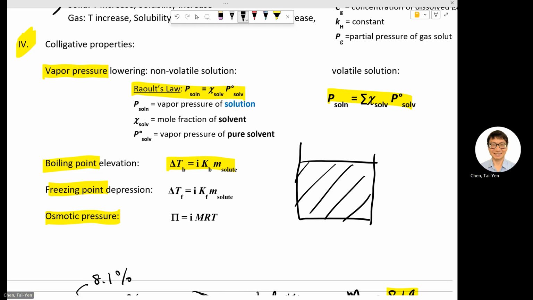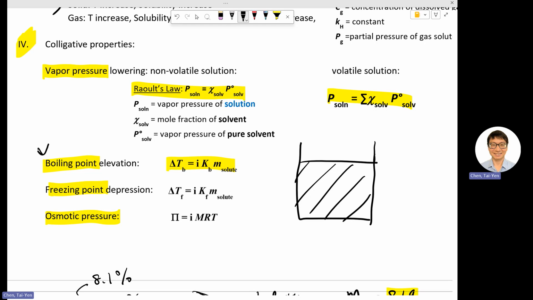Solvent, very good. It is a property of your solvent, not a property of your solute, because the vapor pressure is coming from your bulk part. The bulk part is your solvent.